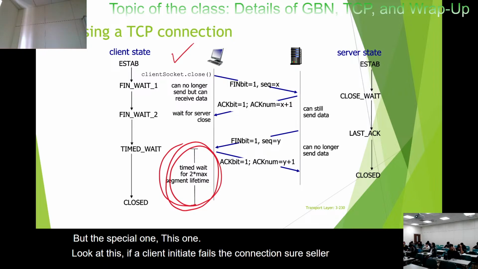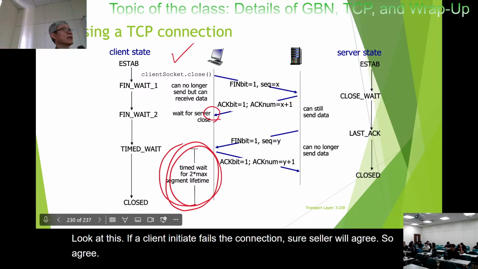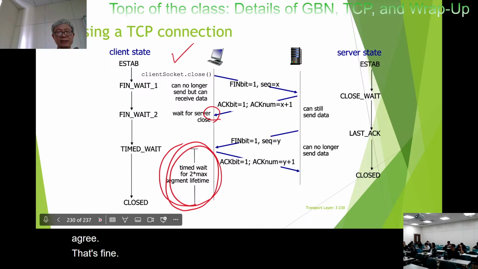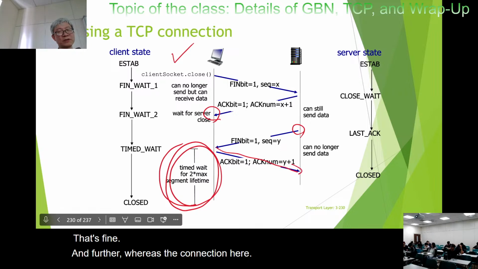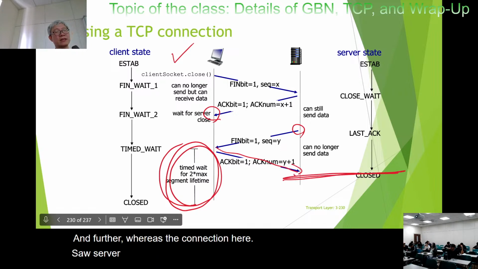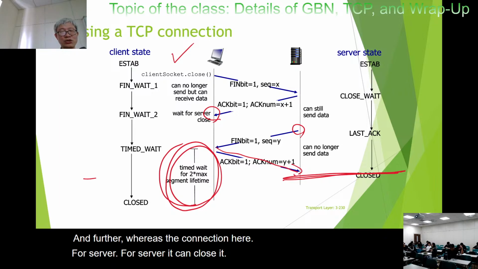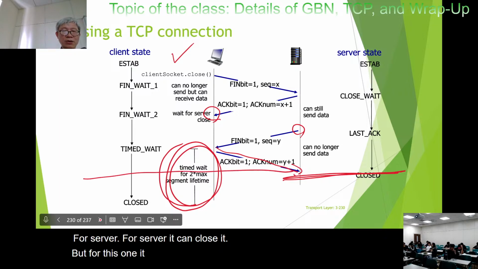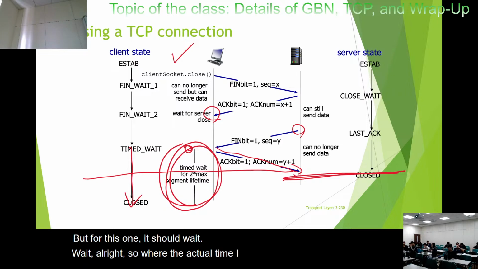So agree. That's fine. And the server will ask the connection here. So sure, for server, it can close it. But for this one, it should wait here, wait. Alright, so wait the extra time and so that the client can close the connection.